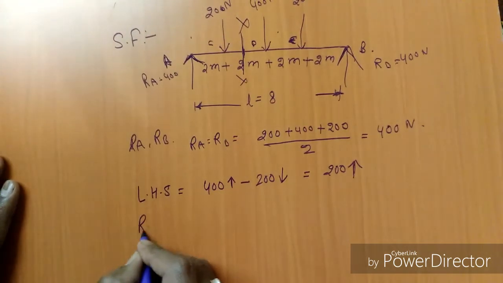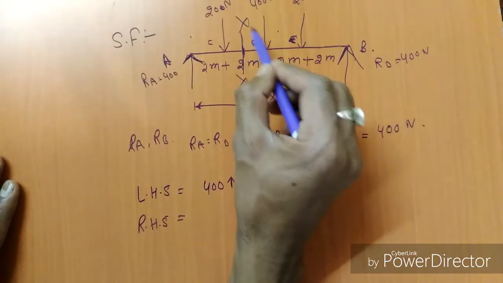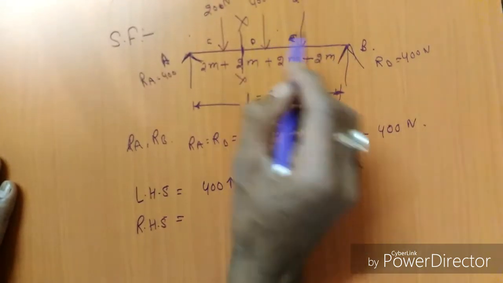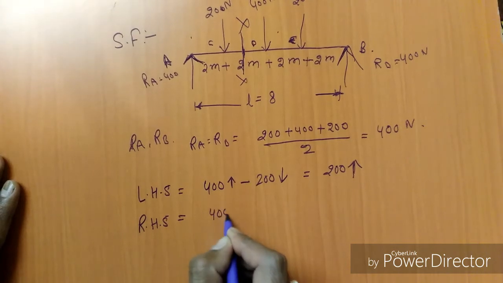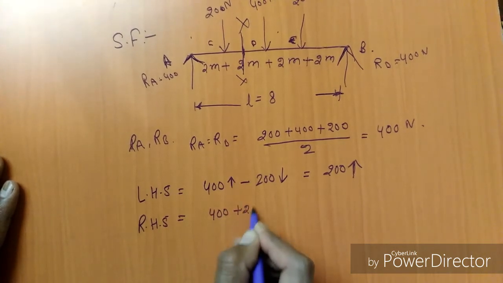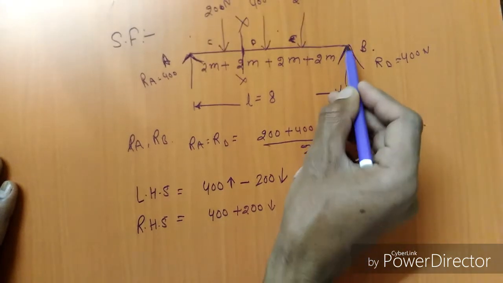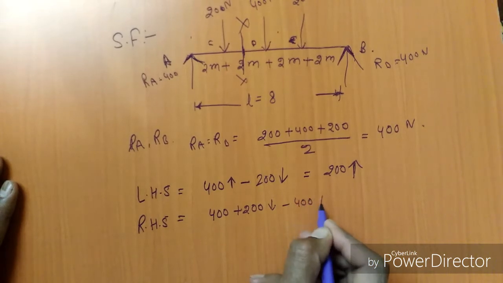After that, the right hand side. There are 2-point loads acting at points D and E, which are vertically downward in direction, that is 400 plus 200, which is downward, and one other force, the reaction, which acts upward, 400.